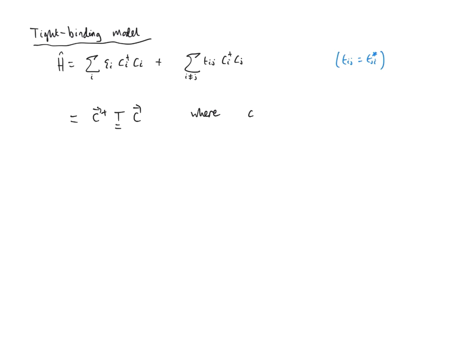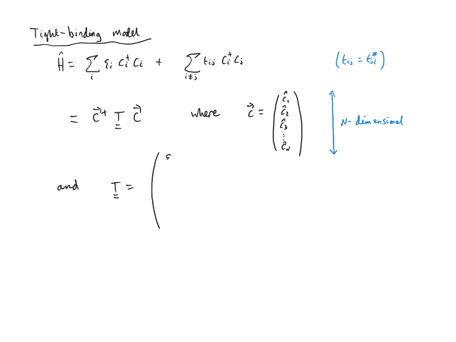Let me just remind you, the C vector is a column matrix of the operators C1, C2, C3, and so on, up to Cn. And a matrix T, which contains all of the coefficients in the Hamiltonian. So the diagonal elements are exactly epsilon 1, epsilon 2, epsilon 3, and so on, all the way down to epsilon n. And the off-diagonal elements are the t's, t12, t21, t13, t31, and so on and so forth.